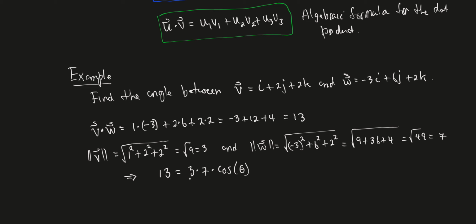Doing a little bit of algebra, 13 over 21 is the cosine of theta.